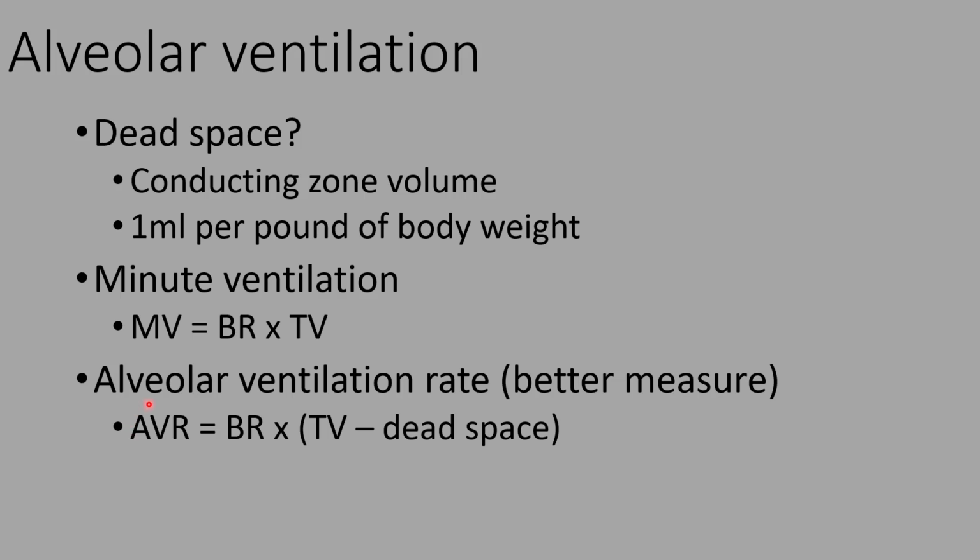Well, AVR, alveolar ventilation rate, is equal to breathing rate times tidal volume minus dead space. Tidal volume minus dead space times breathing rate is alveolar ventilation rate, and that tells us how much air that you're breathing actually gets to the part of your lungs involved in gas exchange.